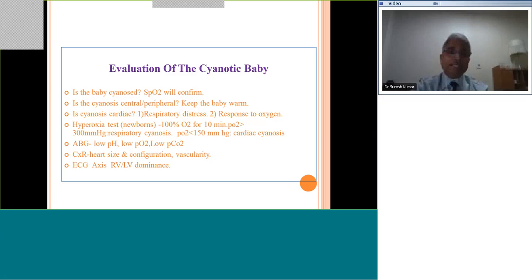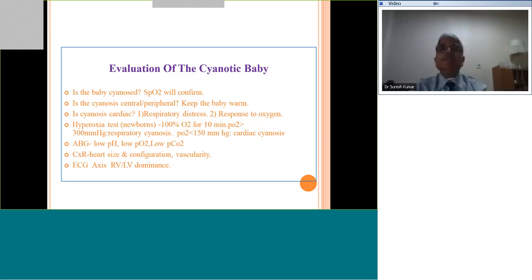If you look at the X-ray, the size of the heart, the configuration of the heart, and the vascularity, these are things that will help you to say what the diagnosis is. You know the most talked about egg on string appearance of TGA. We know the boot-shaped heart of Tetralogy of Fallot.